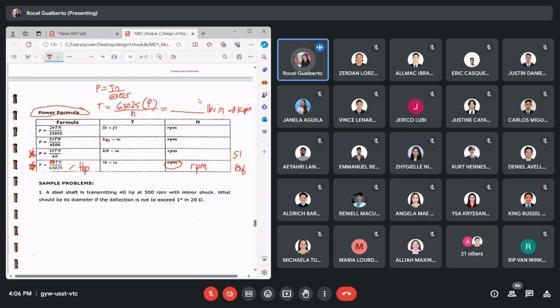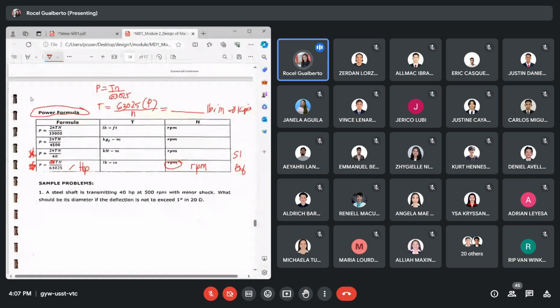Kaya ang answer po i-divide mo ng 1,000 to be converted into kip inch. Again, kailangan po sundin nyo yung unit requirement for P at saka N to come up with this value. And N is in RPM.